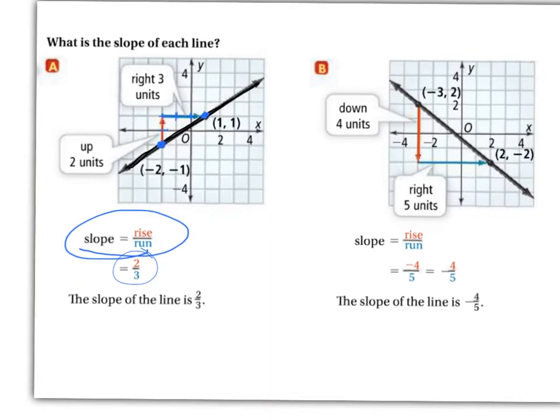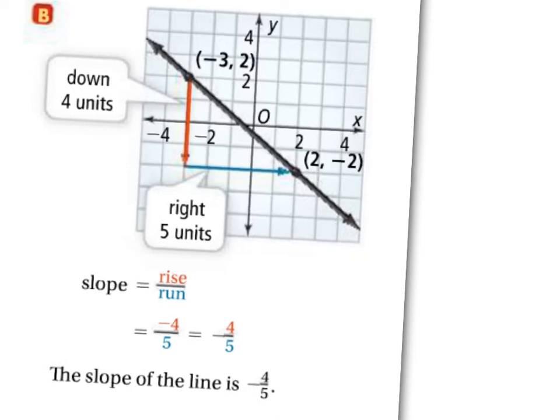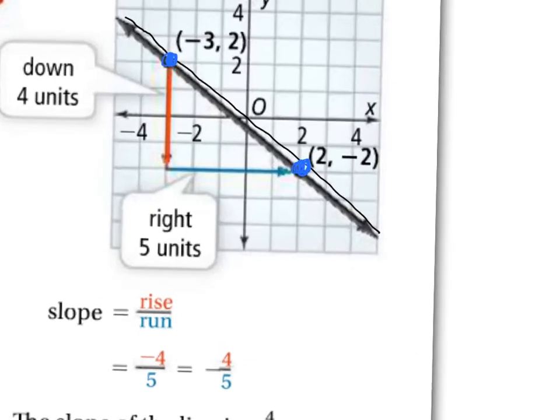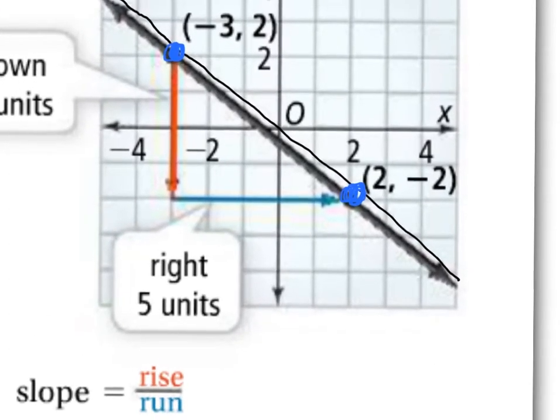This one, part B, the slope is going downhill. You always want to think of your slope as going from left to right. So this is going downhill. We'll practice that more, but pick 2 dots. We have this dot and this dot. To go from the dot on the left to the dot on the right, we need to go down. Rise can be either up or down.